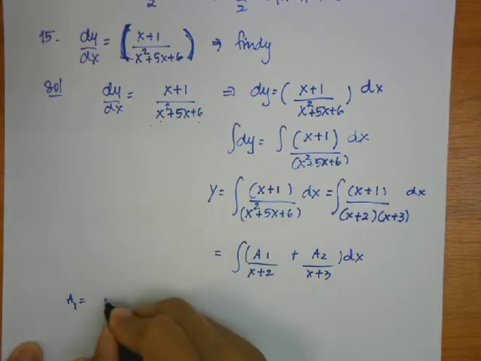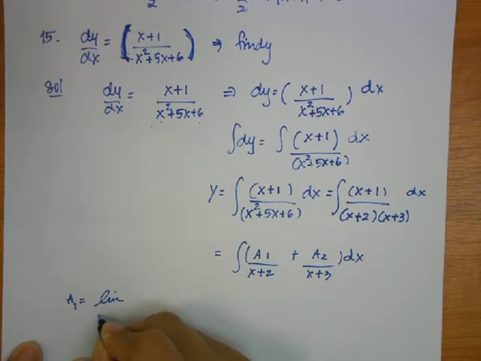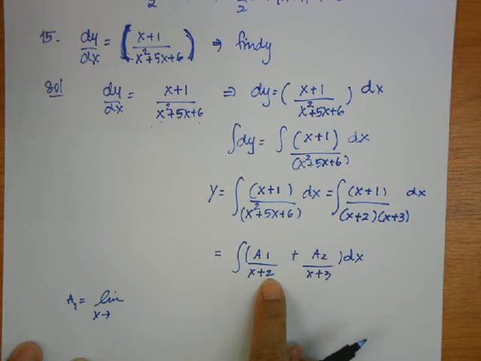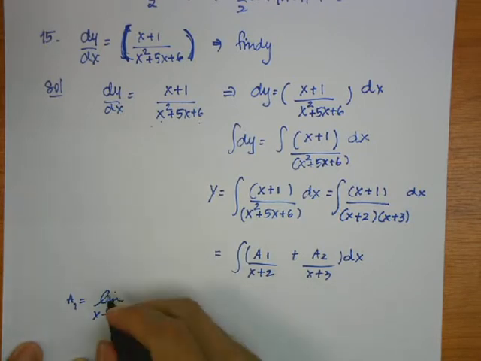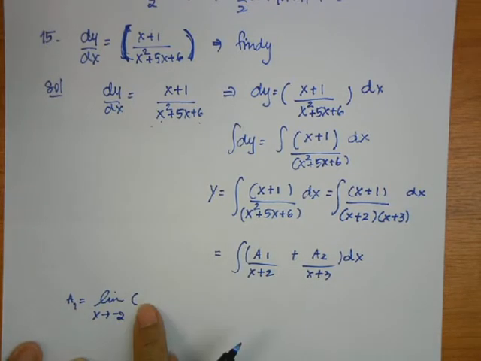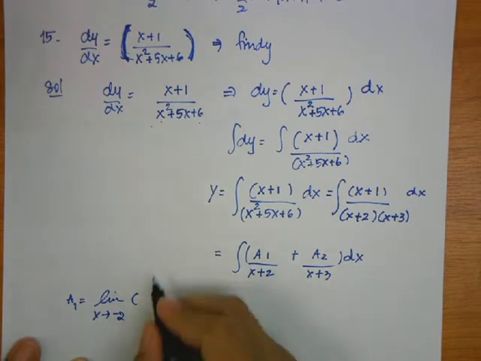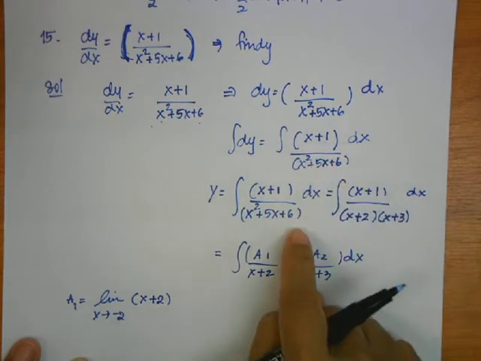A1, how do you find it? You said limit of x going to minus 2, right? And then up here you have to put x plus 2 times p, where p is this function, right?